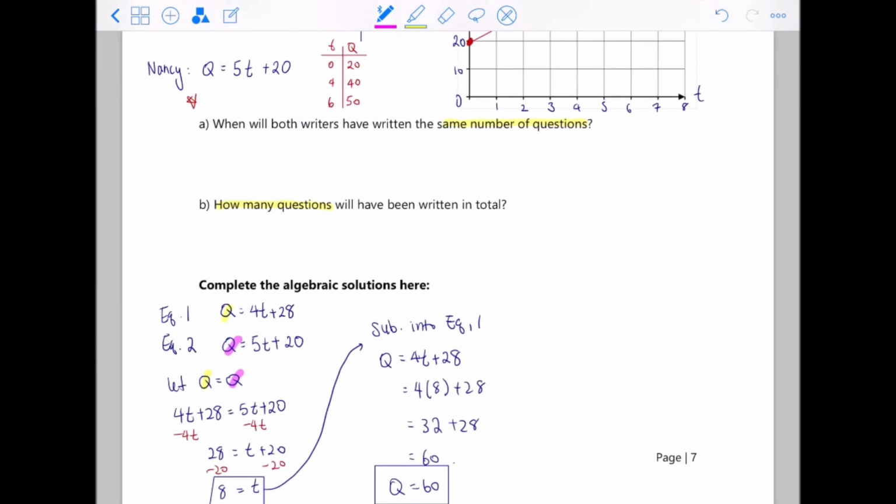So we can actually go back to parts A and B and state our solution. At t equals 8, both writers have written the same number of questions.